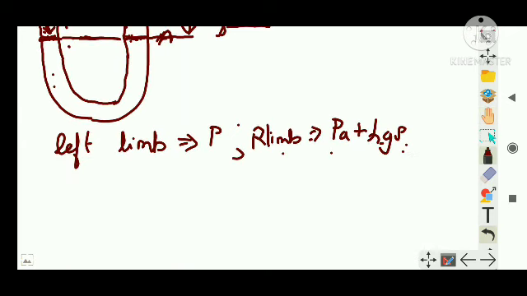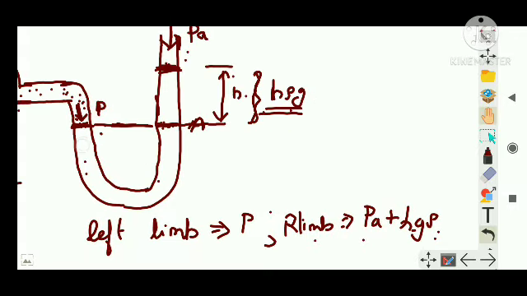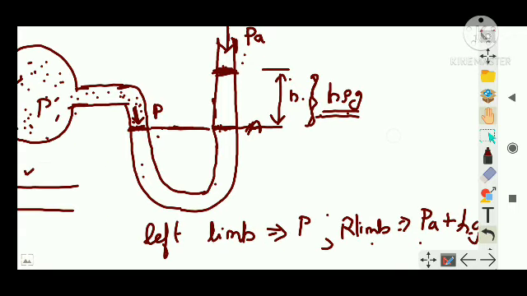If you are using a measuring device, the equilibrium condition has to be maintained. So the pressure at the left limb should be equal to the pressure at the right limb, then only it stops. Suppose the pressure here is more, then the rise will exceed and it has to fall down, right? So it has stopped at this level, which means the pressure here is equal to this.